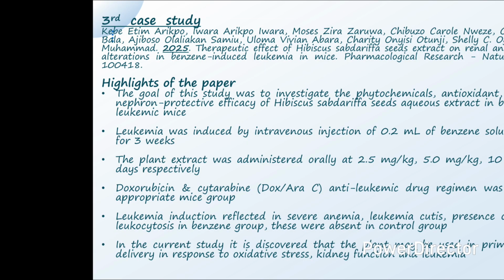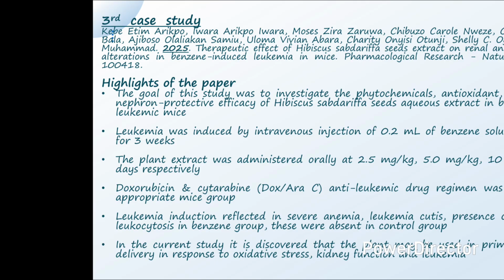The third case study was done by Kebi Etim Arikpo and team in 2025. Highlights of the paper: the goal of this study was to investigate the phytochemicals, antioxidant, anti-leukemic, and nephron protective efficacy of Hibiscus sabdariffa seeds aqueous extract in benzene-induced leukemic mice.